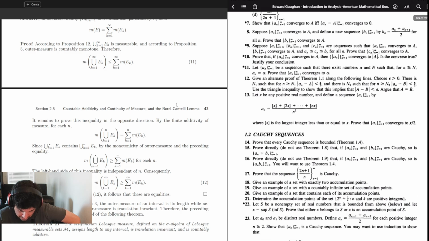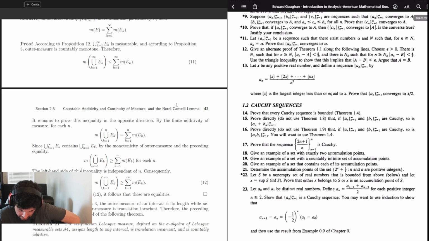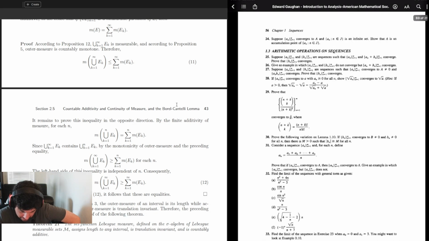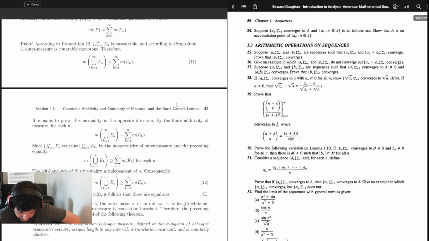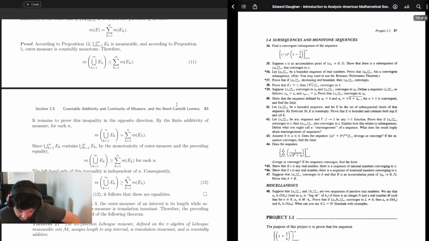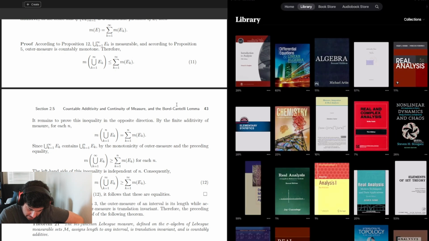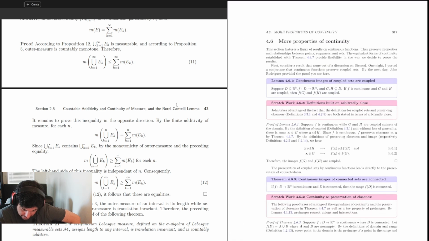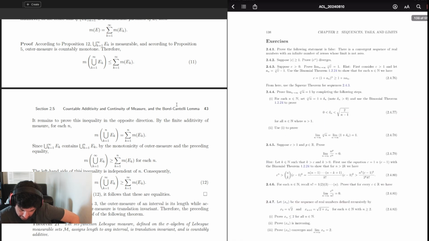Okay, yada yada. I know it's a sequence property. Where is it at?